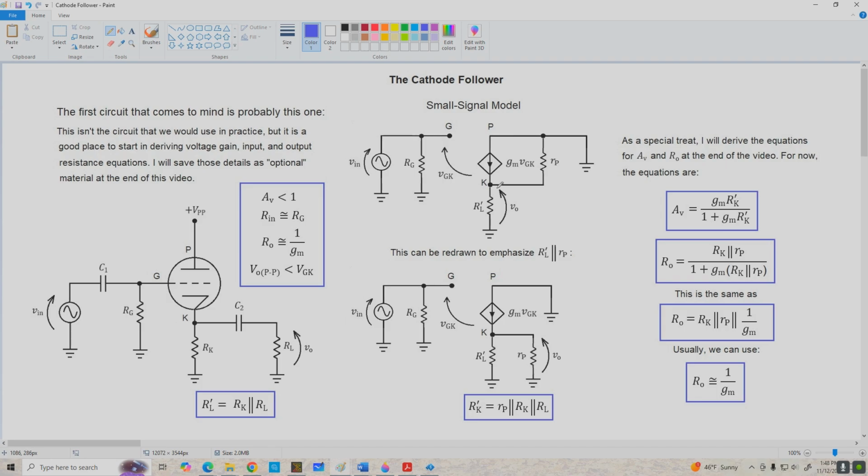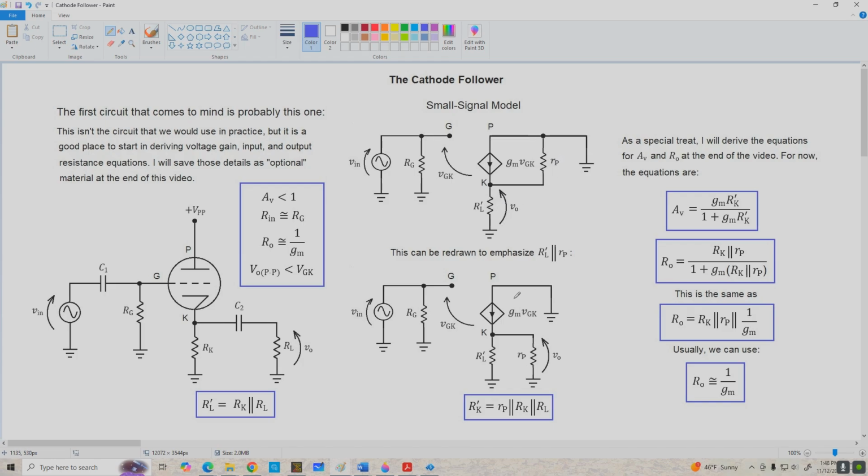If we come over here and we look at the small signal representation for our circuit, I'm using the voltage controlled current source representation for the tube, and as it's drawn here, it's a little bit hard to visualize, but little r sub p, the dynamic plate resistance, is actually directly in parallel with R'L.